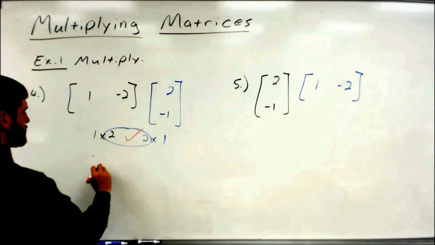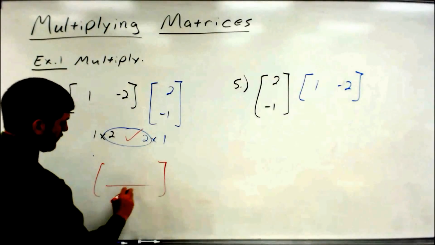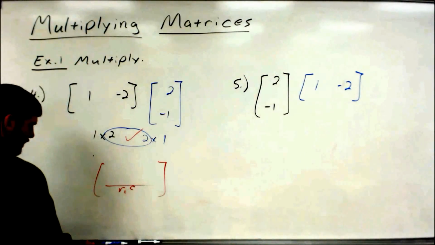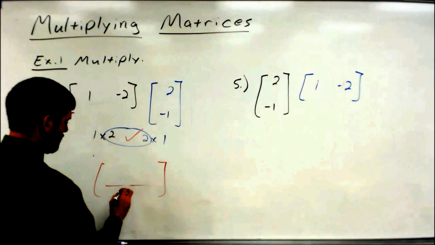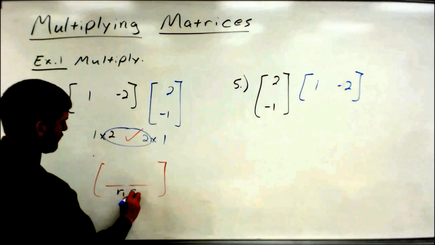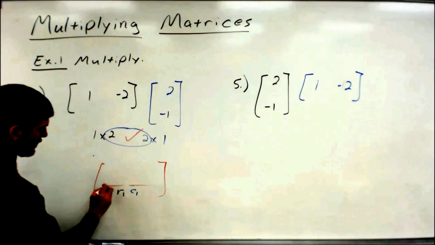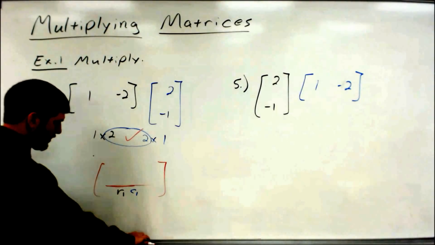The outside numbers tell us that our product should only have 1 row and 1 column. So we're just going to get a simple 1 value, 1 element matrix down here.